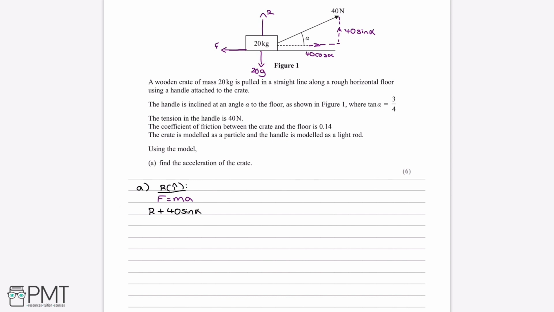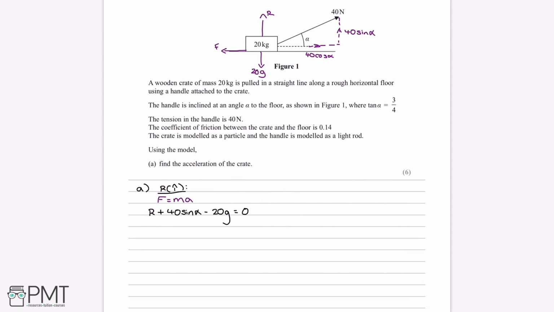So we could write this as take away 20g, and that's now the net force if we're resolving upwards. Now force is equal to mass times acceleration. We know that the mass is 20, but we know that the acceleration when we're resolving upwards is 0. The crate isn't moving upwards, and so it's not accelerating upwards. And so 20 times 0 is 0. So we know that this is all equal to 0.